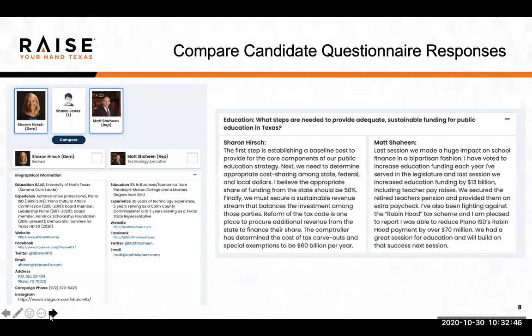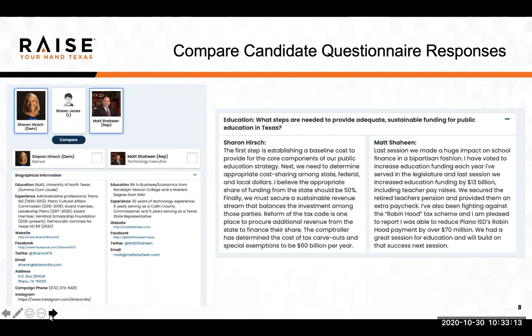So you can then from this point, select candidates 2 at a time whose responses you would like to compare to one another. I picked Sharon Hirsch and Matt Shaheen for this purpose. So once you make that selection, you will find at the top of the screen biographical information side by side for each one.